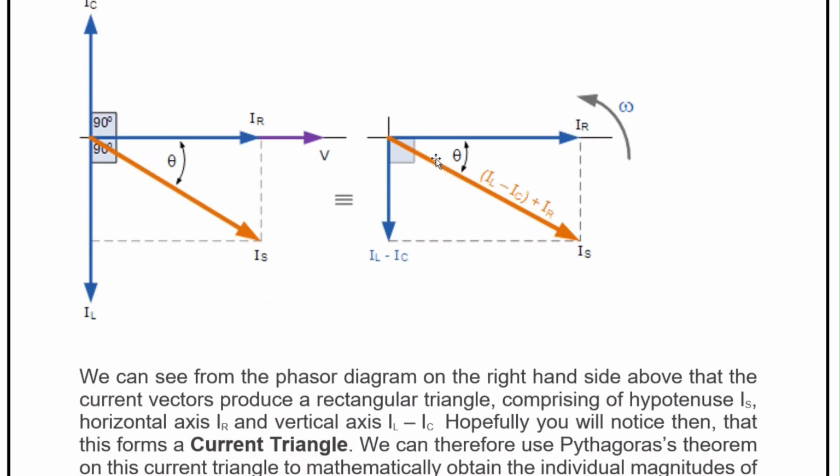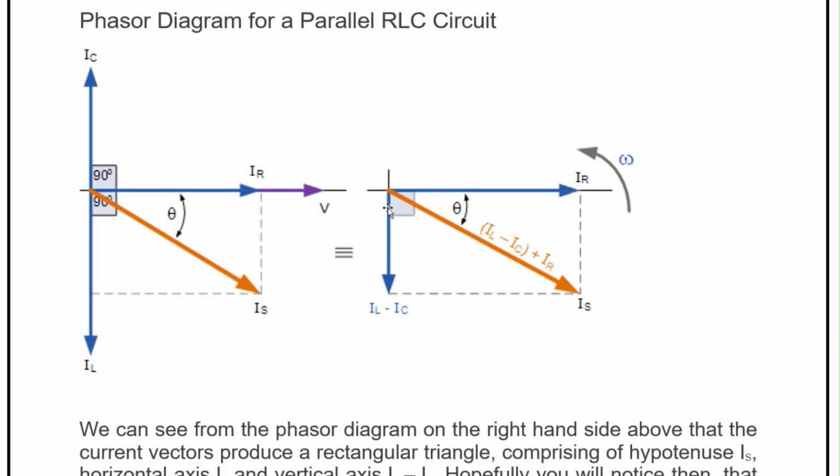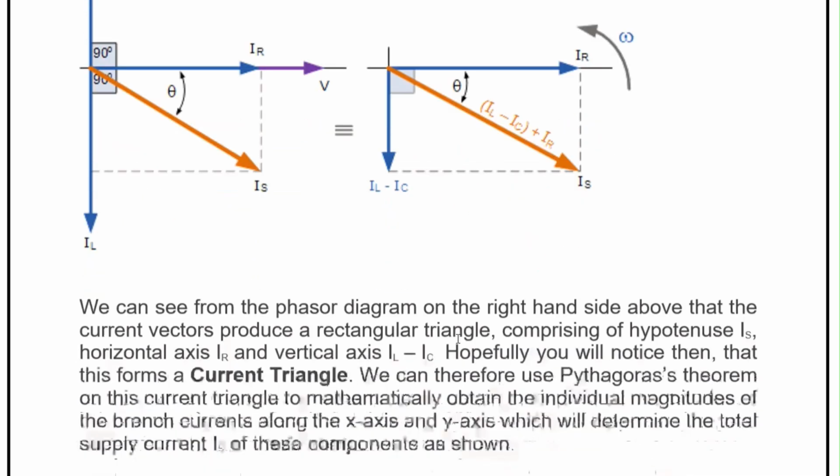This is nothing but the resultant of these two currents. On one side it is the difference of the currents, IL minus IC, and on the other side it is IR. So this diagonal is the resultant of the two vectors, IR and IL minus IC. And these vectors are rotating vectors. The direction of rotation is always anti-clockwise, as shown here.